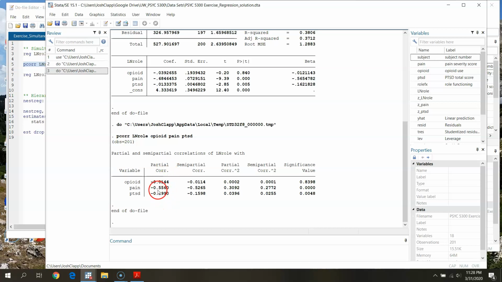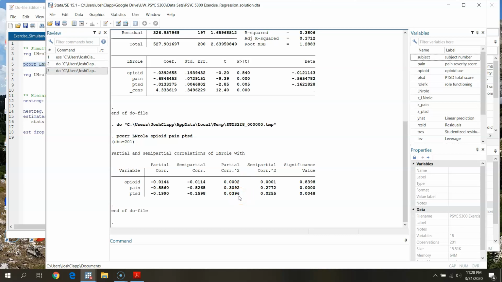So let's say for pain, we have a partial correlation of negative 0.56. If we square that, we can say that based on these data, our pain variable accounts for about 31% of the residual variability in the natural log of role functioning after we control for opiate use and PTSD.